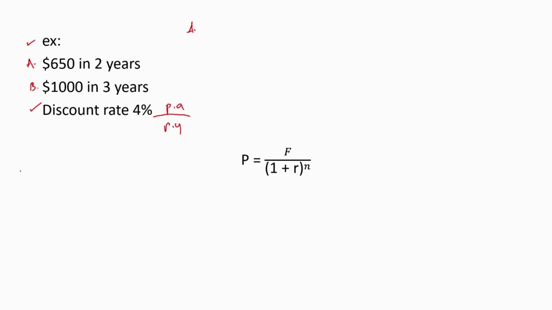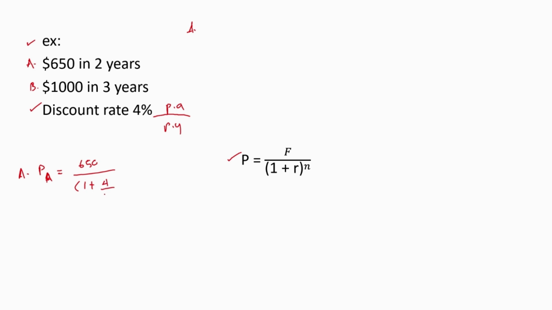Let's calculate the present value for option A using the discount formula, or the present value formula, which is this. Present value of option A equals future value, which is $650, divided by 1 plus 4 over 100. Remember, you need to convert the percentage value into a decimal value.